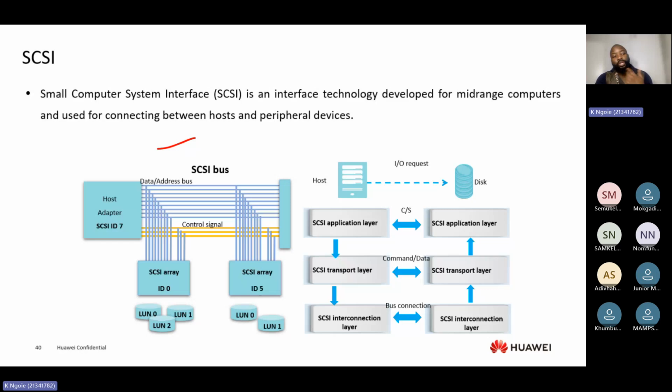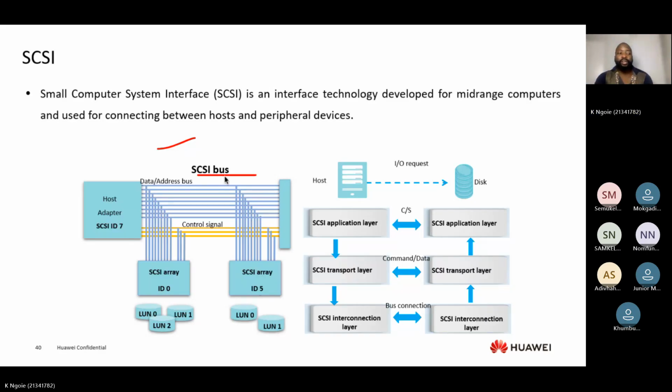Remember, we spoke about the CPU in a computer that controls how software talks to each other, and how, when you're dealing with your applications on your device, the CPU controls how everything is managed. The SCSI controller works the same way, just like a small CPU. It has its own command set, and it manages all the data operations between the host, which is the computer or the server, and the devices.